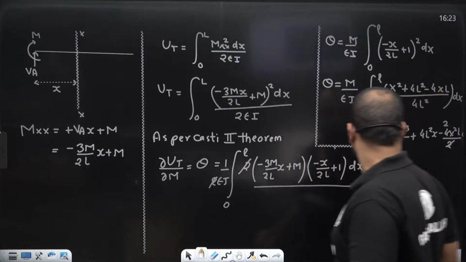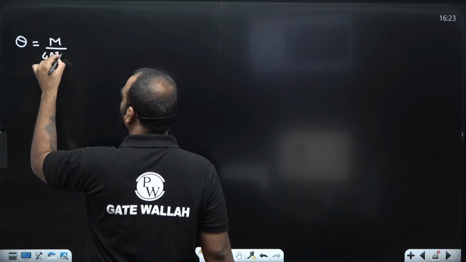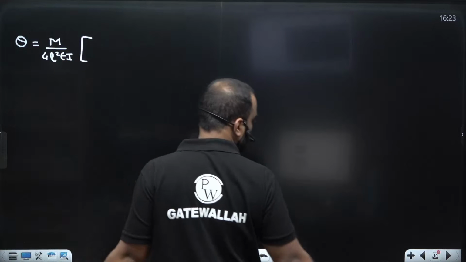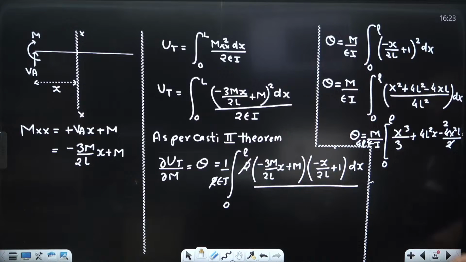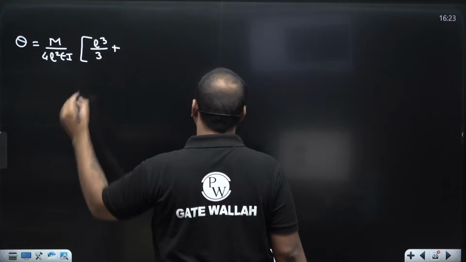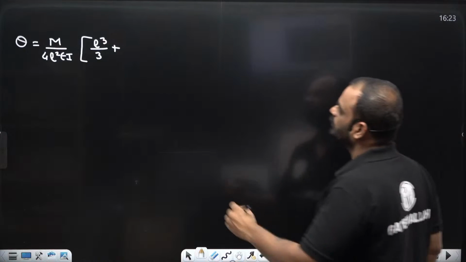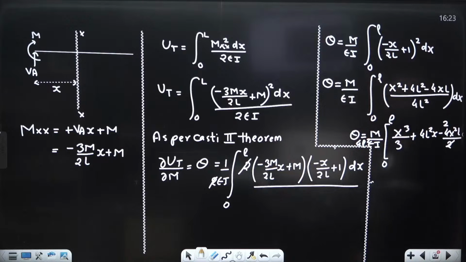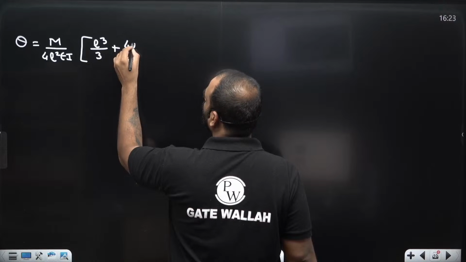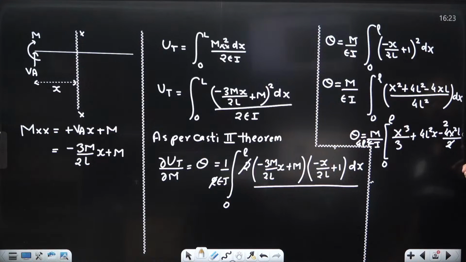Now guys, let us use another page. So theta is equal to M upon 4L square EI. Now we'll put the limits. So at L, it will be L cube by 3 plus this one is 4L cube minus this value is how much? 4L square.